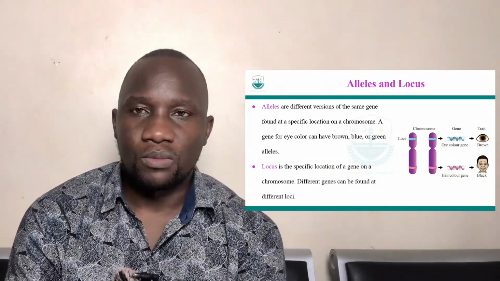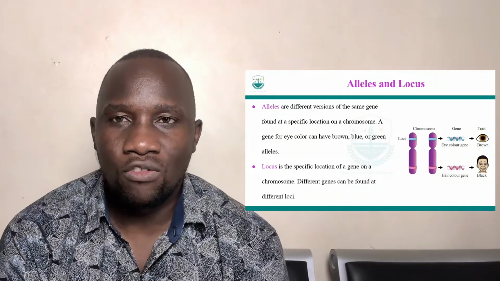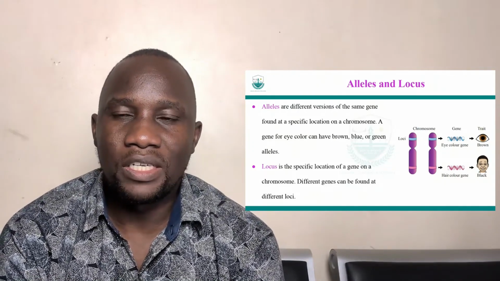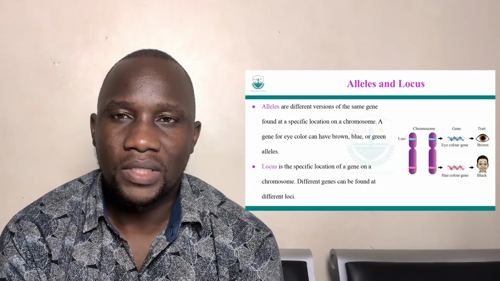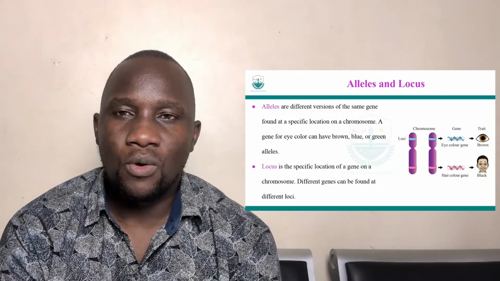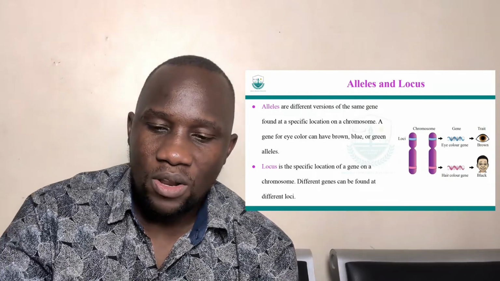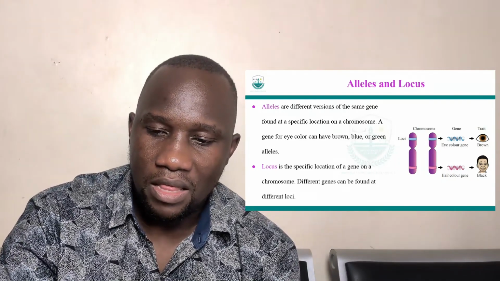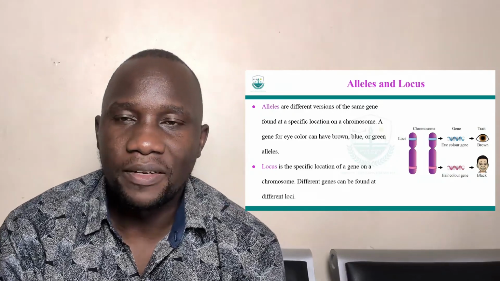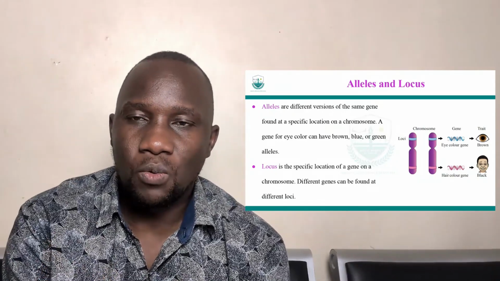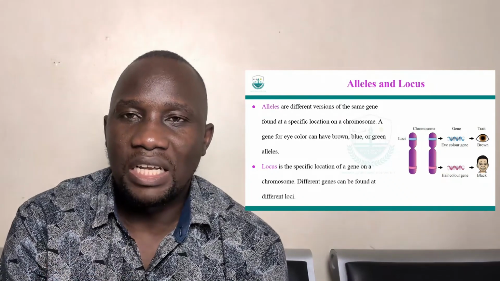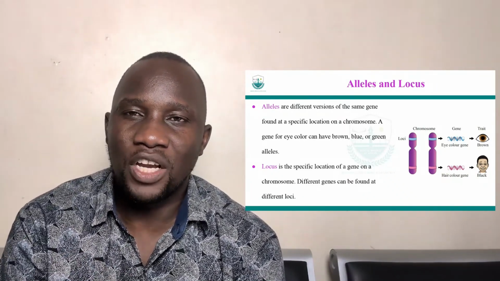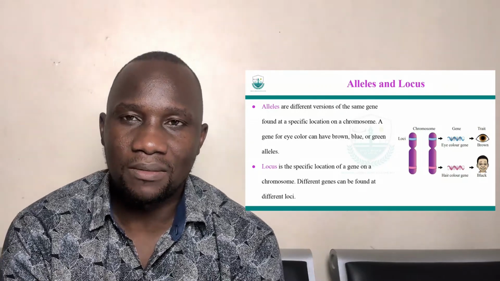location on the chromosome. The location of a gene on a chromosome is what we call a locus. The plural is loci. Okay? So what you can have on a chromosome, this part here and this, those are loci. Location of a partition, where a particular gene is located. So that means that on the chromosome, you have different locations for different genes.